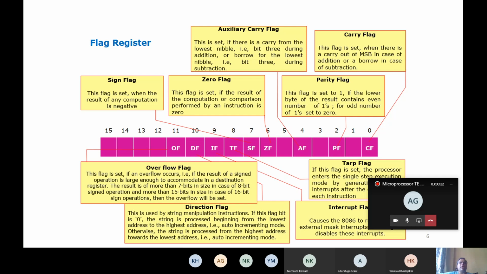Or in the case of 16-bit arithmetic, if the 15th bit generates a carry, then it is called overflow. So theoretically, I hope things are a little clearer about this overflow flag. Practically, we will see how and when the overflow flag is set or reset, and how it is different from the carry flag, during our practical session tomorrow.